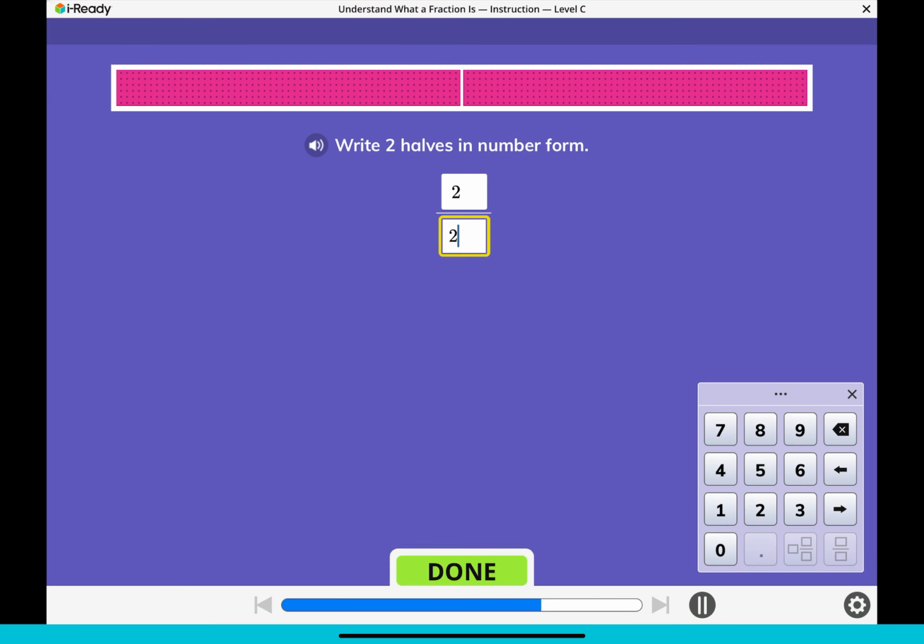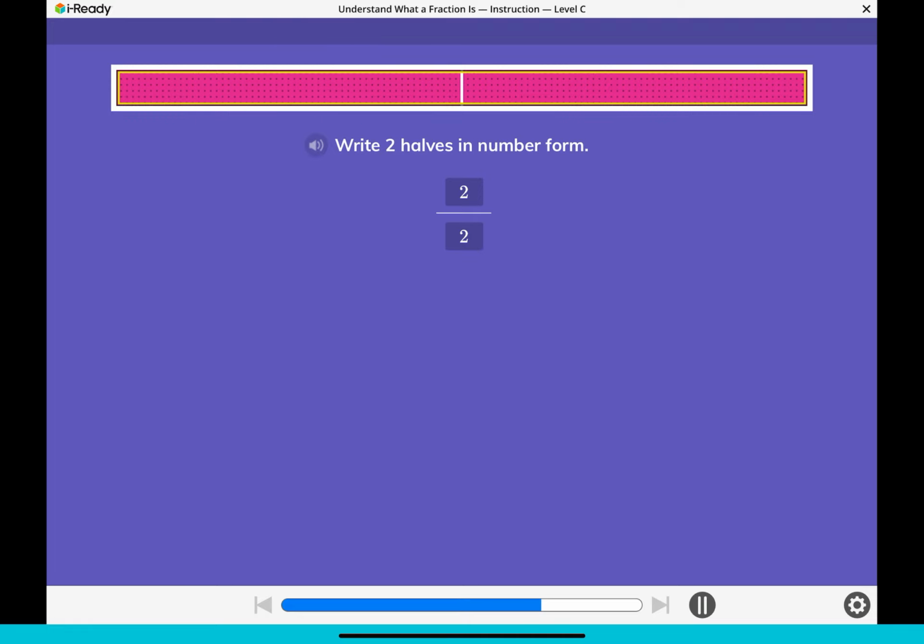Nice. When two halves are shaded, the whole shape is shaded. 2 halves is equal to 1 whole.